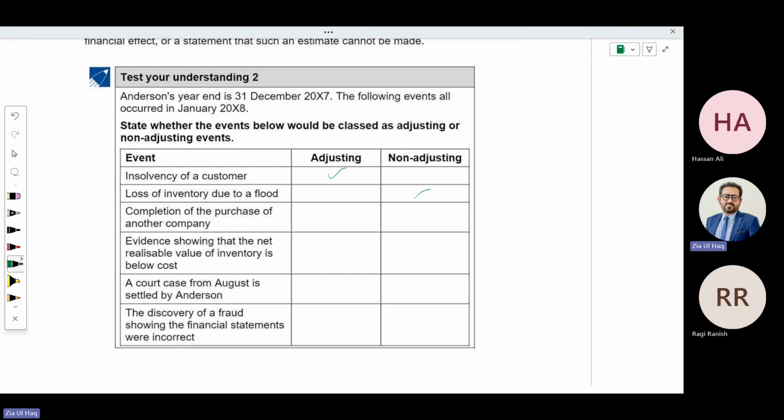Completion of the purchase of another company. Evidence showing that the net realizable value of inventory is below cost. A court case from August, mean before year end, is settled by Anderson. The discovery of a fraud.